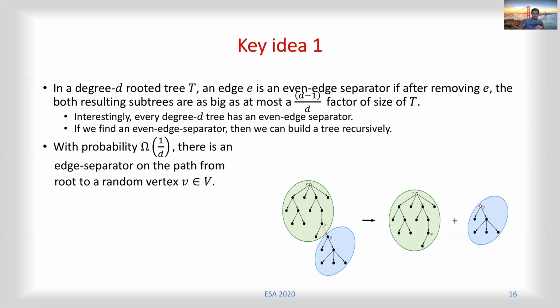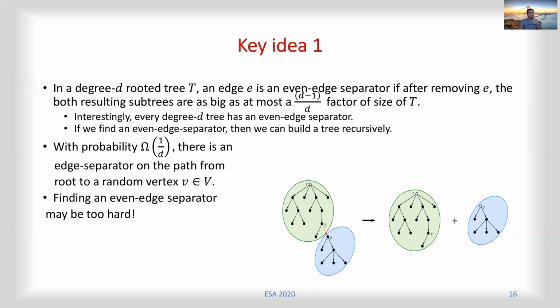So picking a vertex from the blue vertices guarantees that we have an even edge separator on the path from the root to that vertex. So if you pick a vertex uniformly at random, then with probability at least 1/d, there is an even edge separator on the path from root to that vertex.